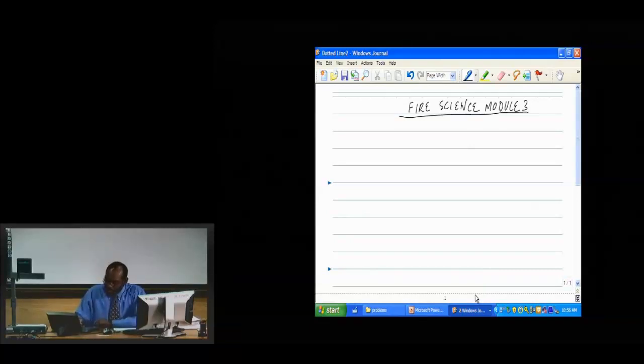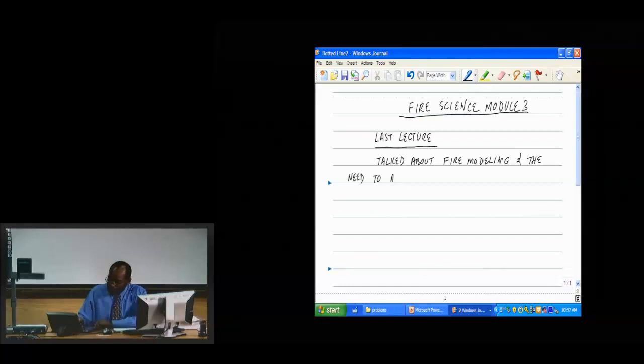So last lecture we spoke about fire modeling in general terms and the need to approximate the details of the flame by using a quantity called the heat release rate.